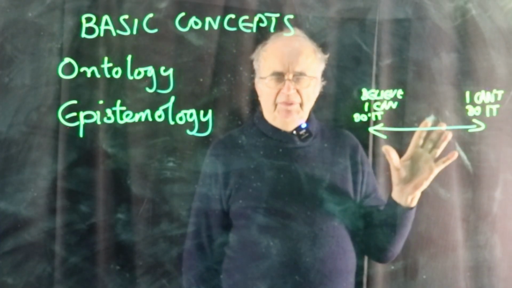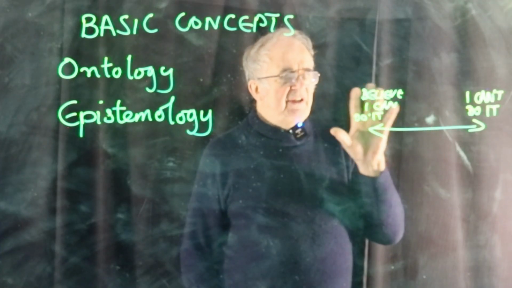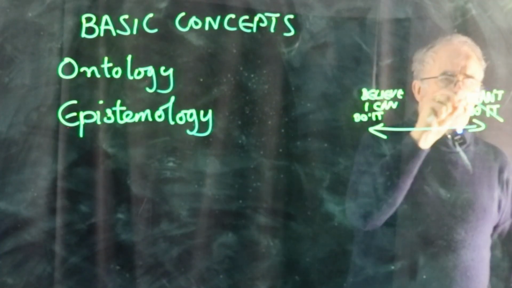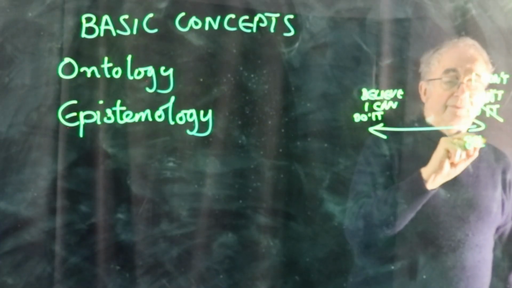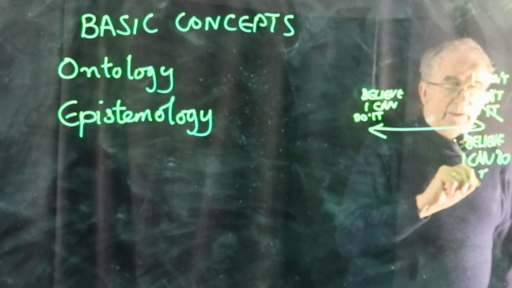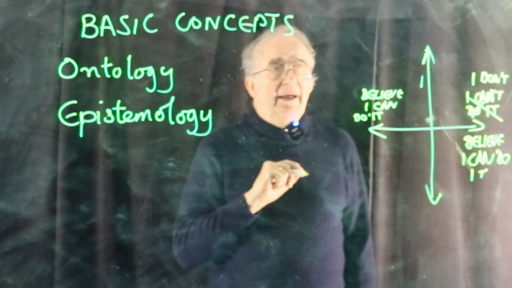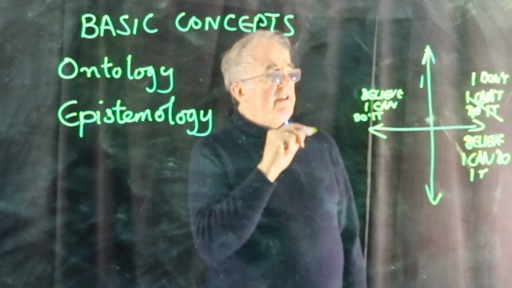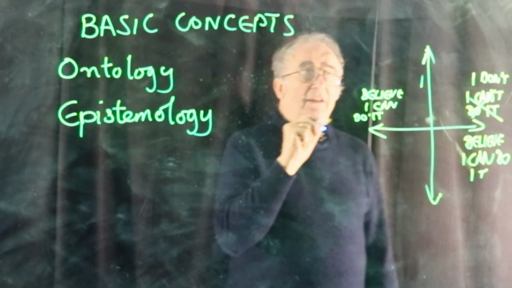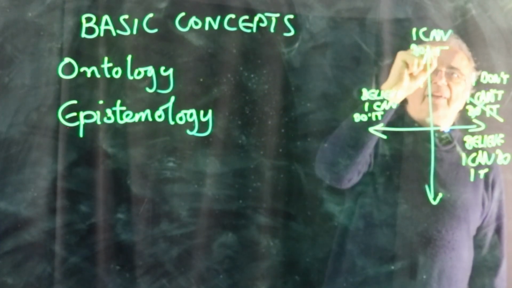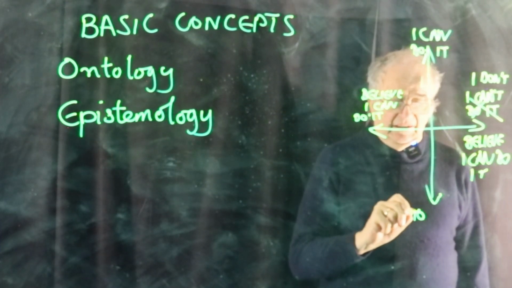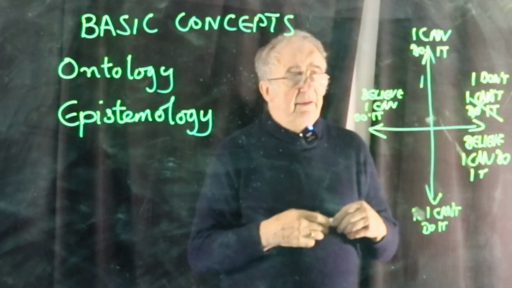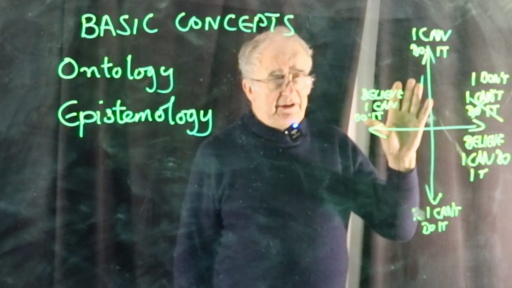And that seems to me to be wrong. The opposite of I believe I can do it is I don't believe I can do it. And there's a separate spectrum which runs from I can do it to I can't do it. So the two things are not necessarily directly connected.